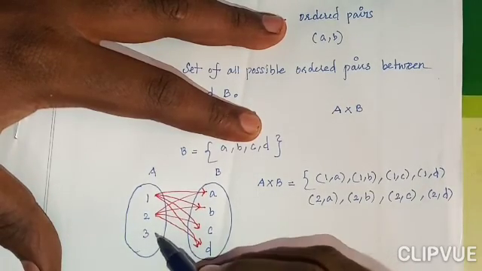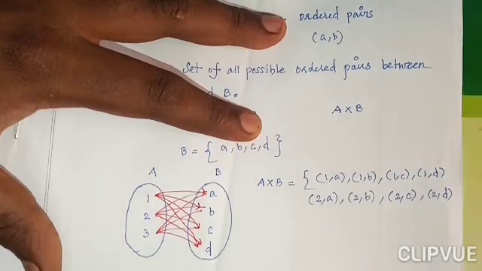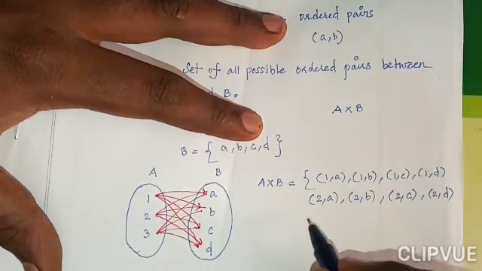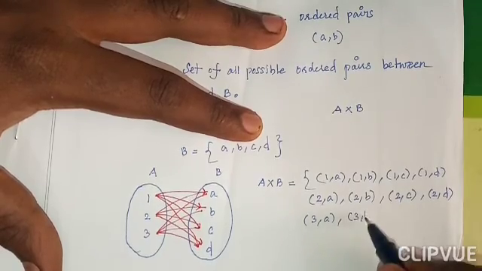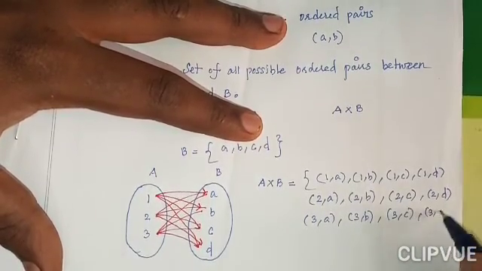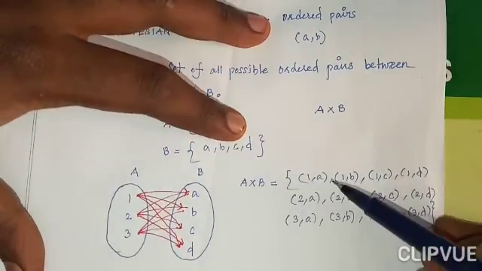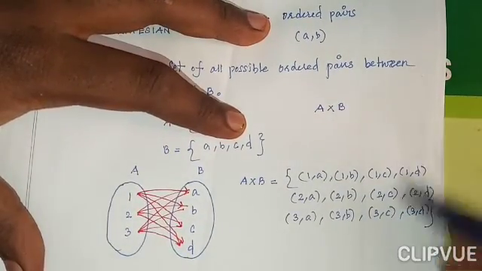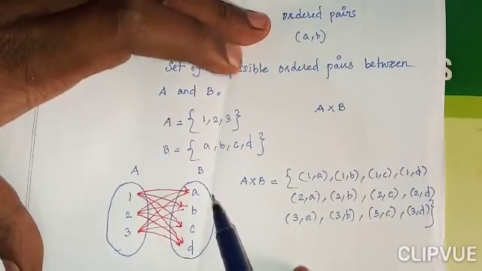If you take the third one: (3, a), (3, b), (3, c) and (3, d). There are 12 possible ordered pairs between A and B.